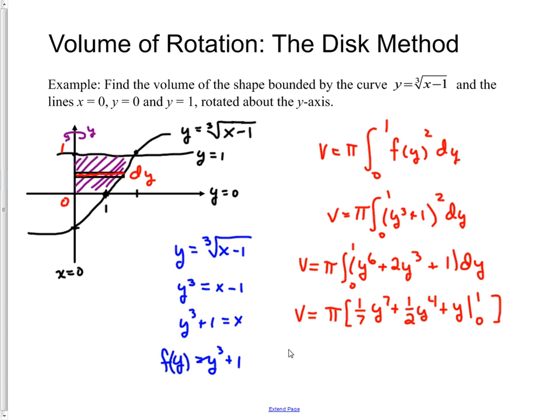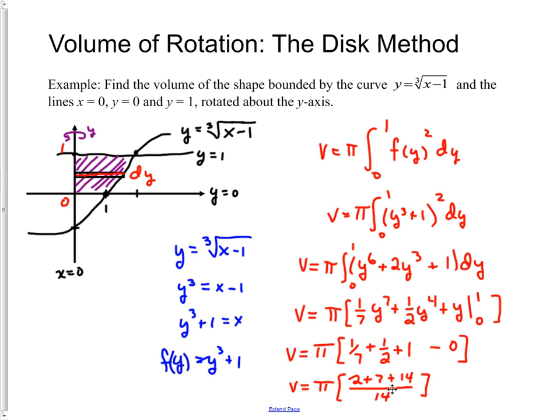Well, 0 and 1 happen to be awfully convenient numbers for us because that means we're going to get pi times the quantity 1/7 times 1 to the 7th plus 1/2 times 1 to the 4th plus 1, all minus 0. All right, so let's see what that's going to work out to be right here.